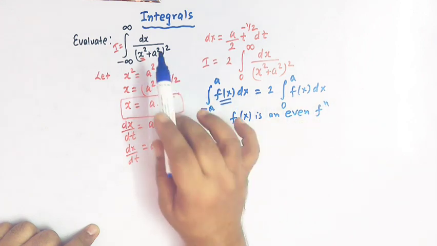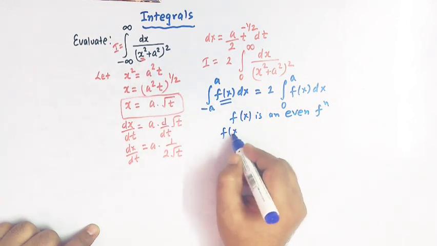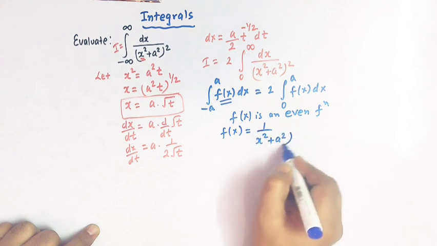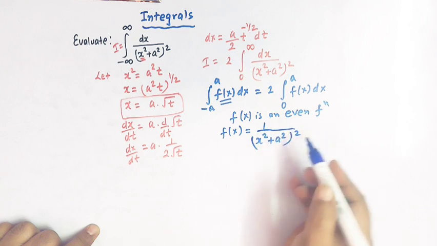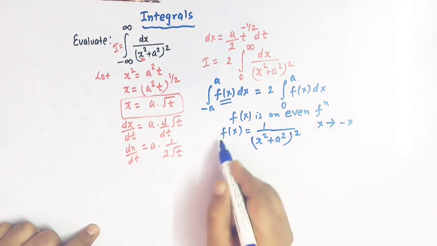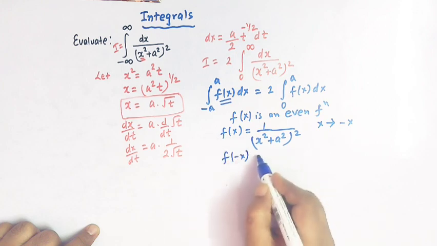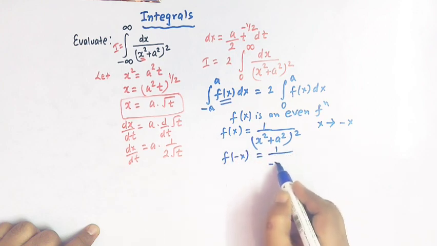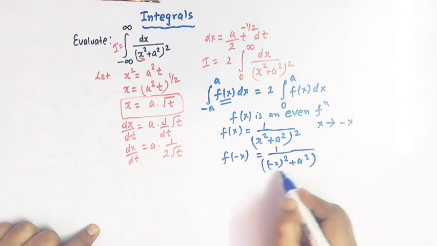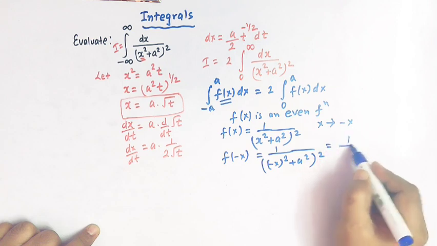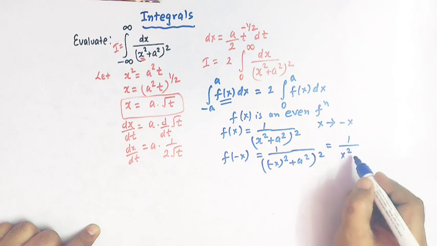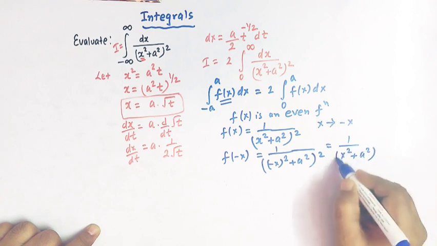So here f of x is given by 1 over (x square plus a square) whole square, and we can easily see that if we replace x by minus x, then f of minus x is equal to 1 over (minus x) square plus a square, whole square. So minus x square is simply x square, and this is a square, whole square.